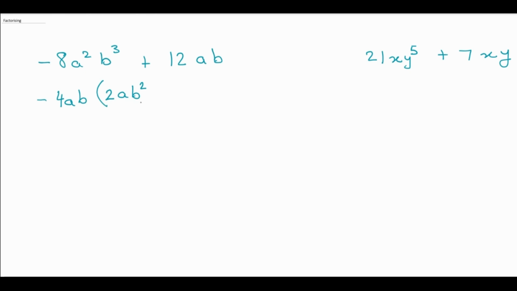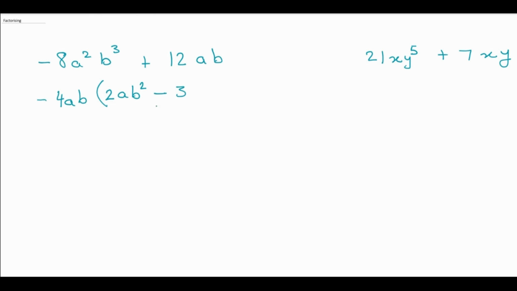Let's move to the second term. Now here, we have a minus times what will give us a positive. So we know a minus times a minus will give us a positive. After this, let's have a look at our numbers. 4 times what will give us 12? 4 times 3 will give us 12.